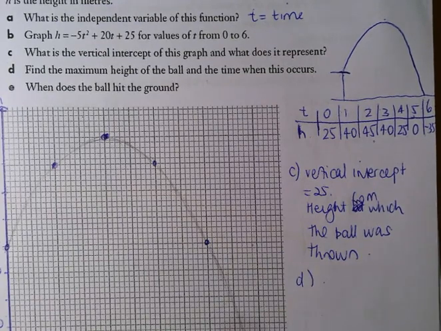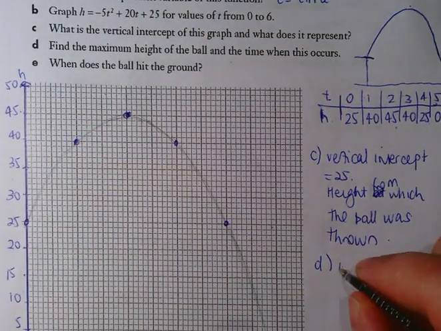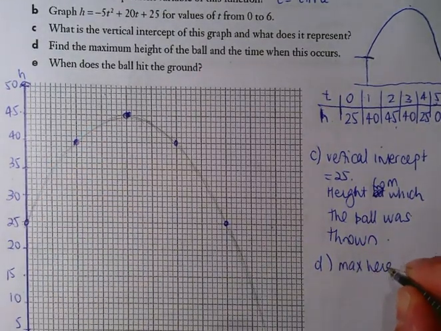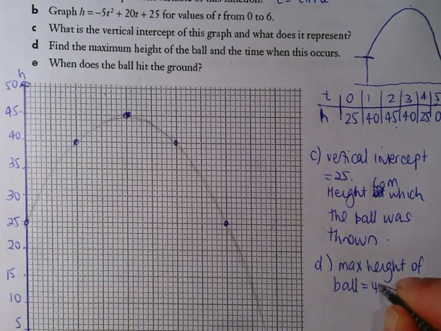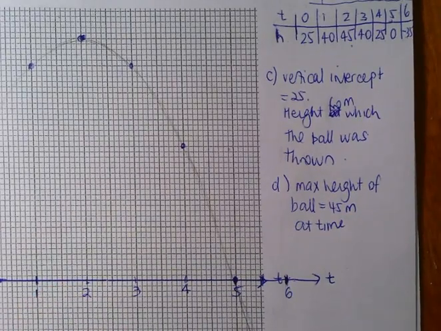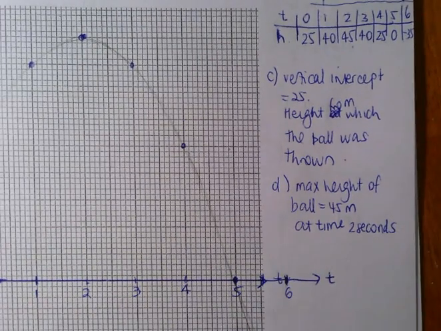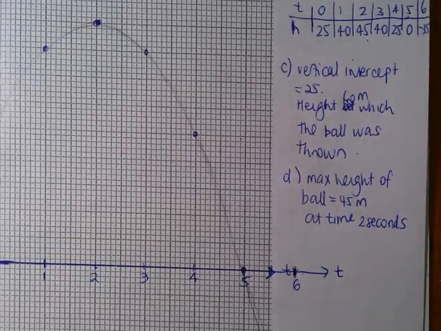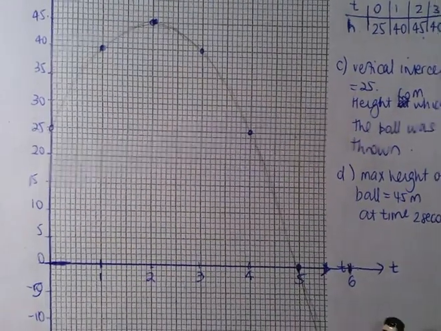Now, question D, what is the maximum height of the ball? And we can see the maximum height of the ball equals 45 meters at time 2 seconds. Now, notice that you can only see part of the parabola here.